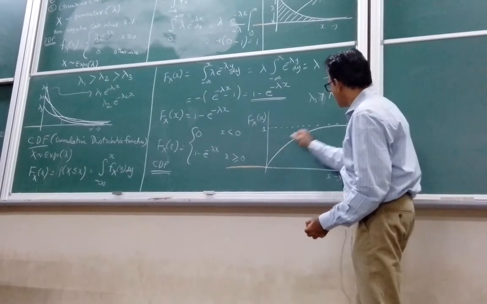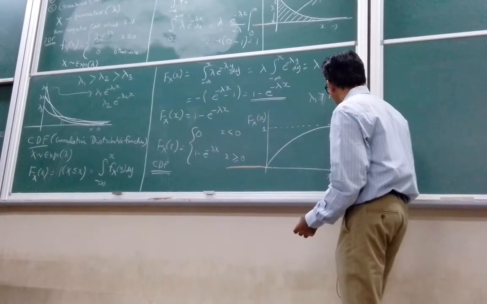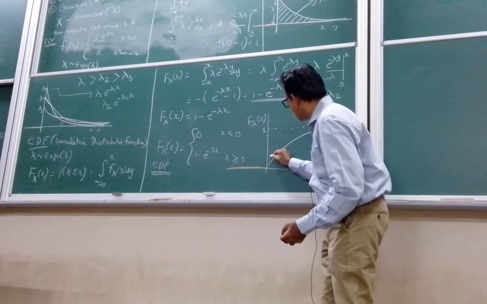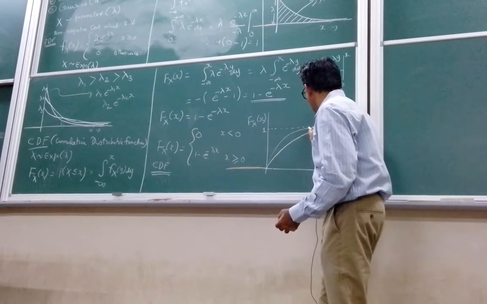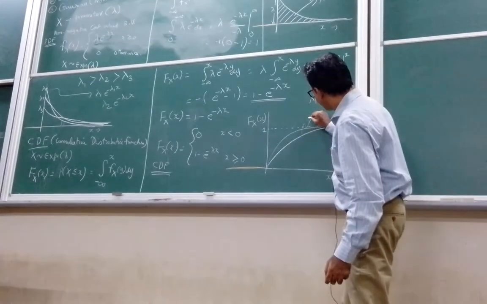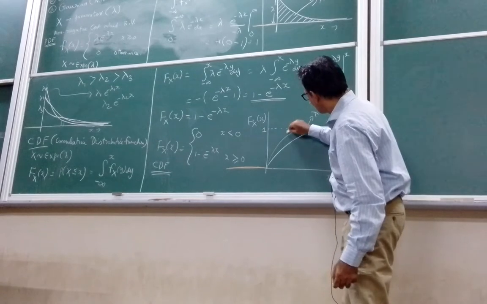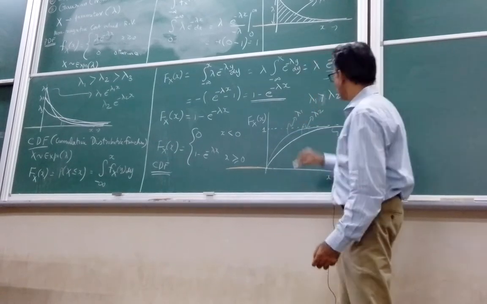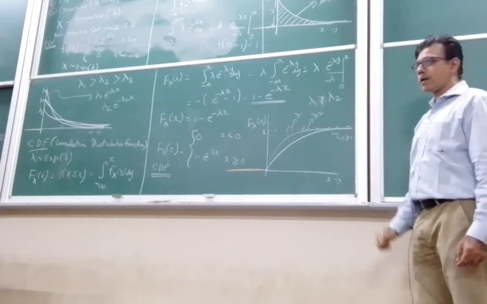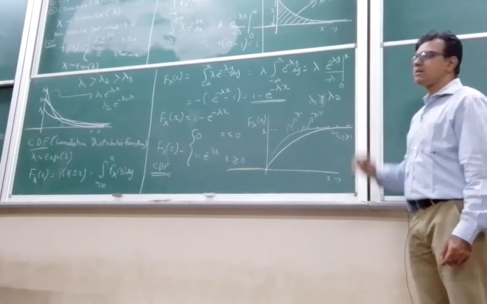So if this is lambda 2, lambda 1 will be of this form. So that is the CDF.